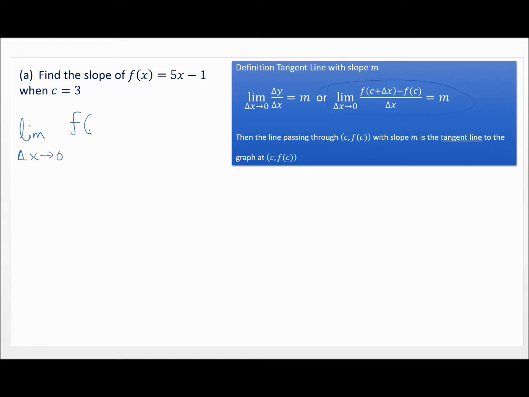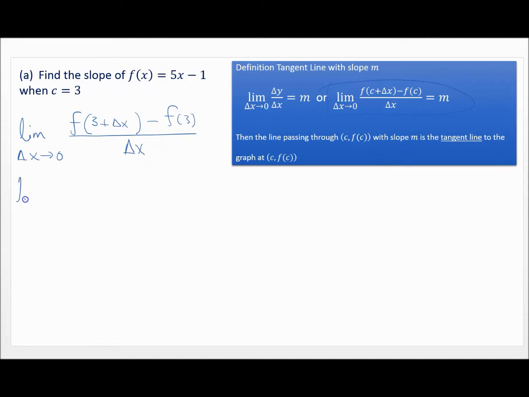Now, right now, you can leave that as c plus delta x, or we could go ahead and plug in 3. Let's go ahead and plug in 3. So this is going to be 3 plus delta x minus f of c. So that's going to be f of 3 over delta x. Let's keep simplifying.